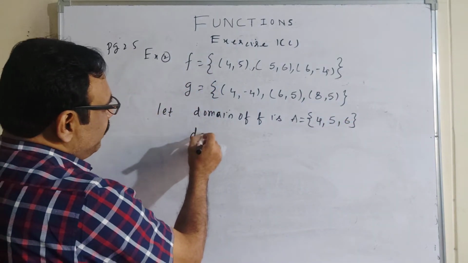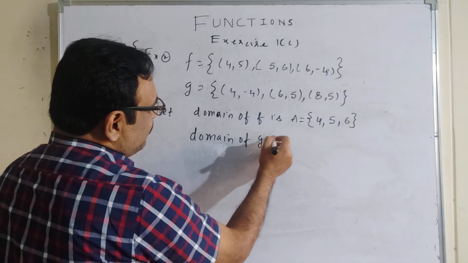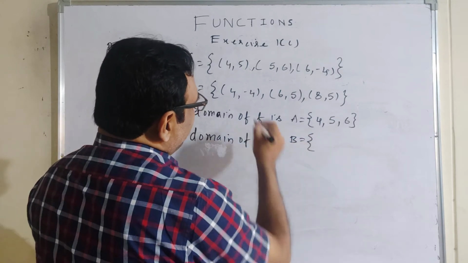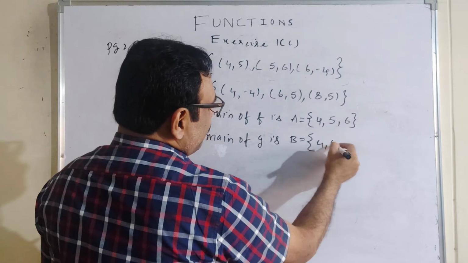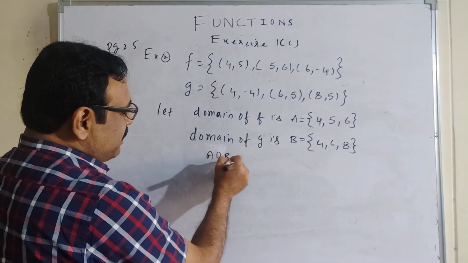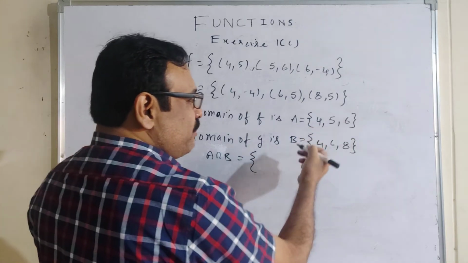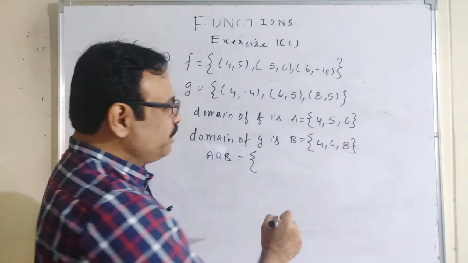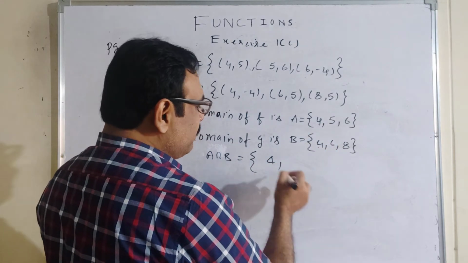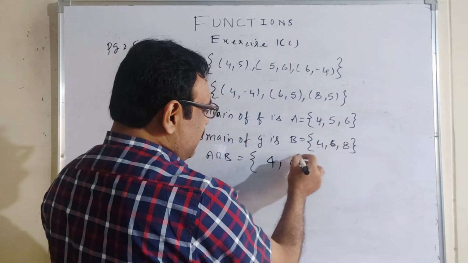Now you will be writing this is going to be domain of g, that means the function g is assumed as B. Now what you are going to get, this is 4, 6, 8. Now I'll be taking A intersection B. That means the common elements which are there in set A and set B I need to write. So what are the common elements? 4 and 4, I'll write this is 4, and common elements are this is 6 and this is 6, and this is going to be 6.